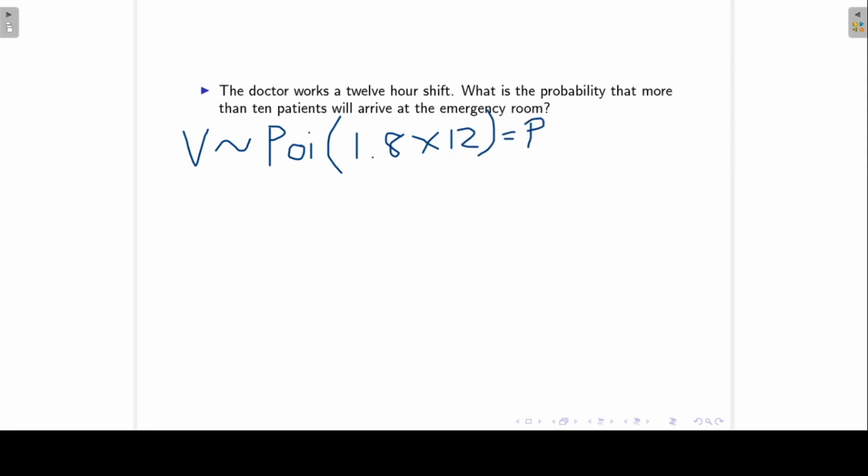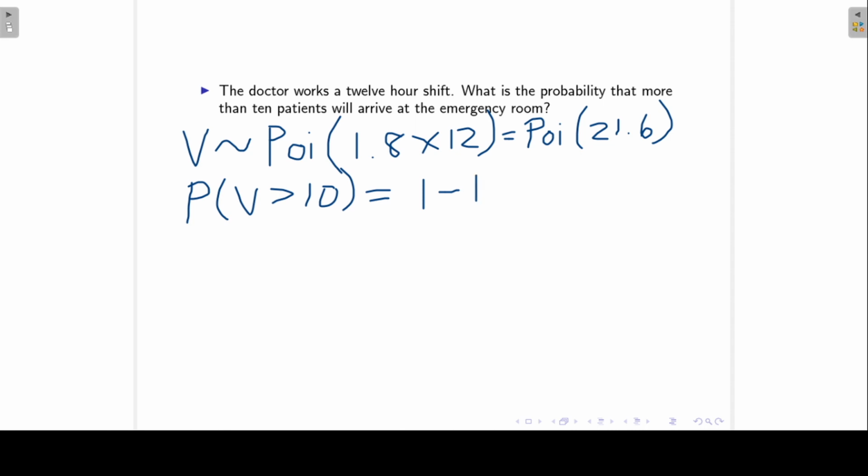So that's a Poisson distribution with parameter 21.6. And we want to know what's the probability that more than 10 patients arrive. So that's the probability that v is greater than 10. So again, we can write it as 1 minus the probability that v is less than or equal to 10.